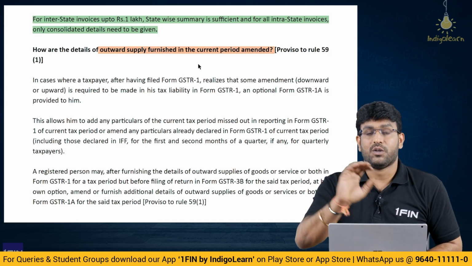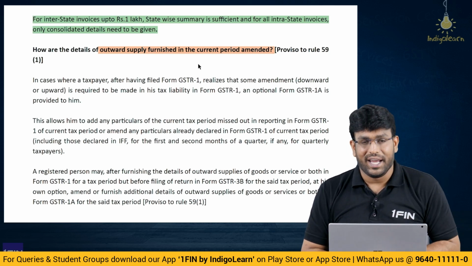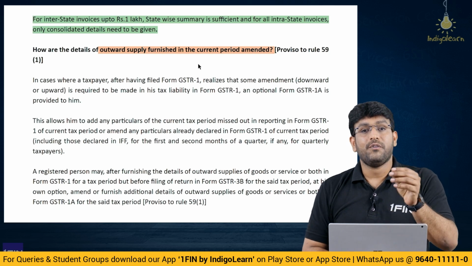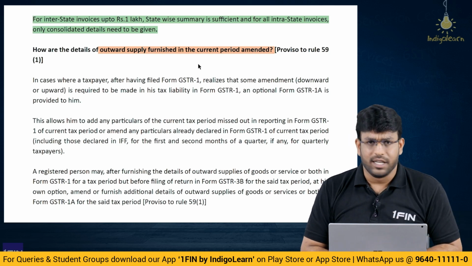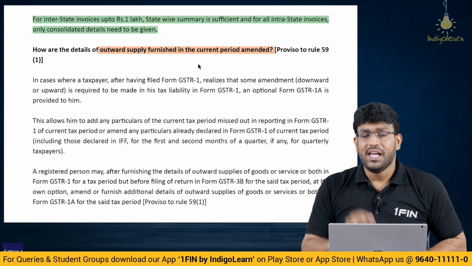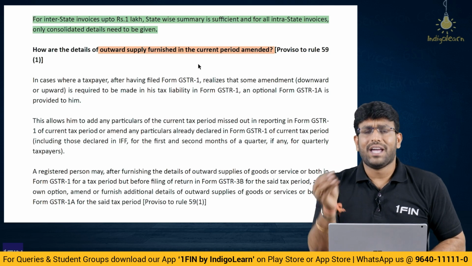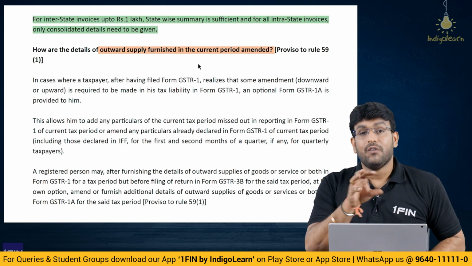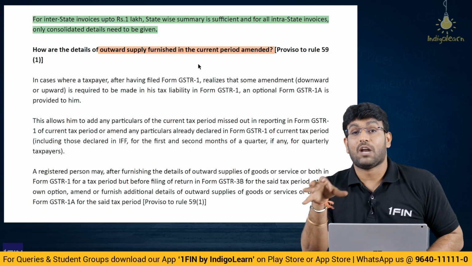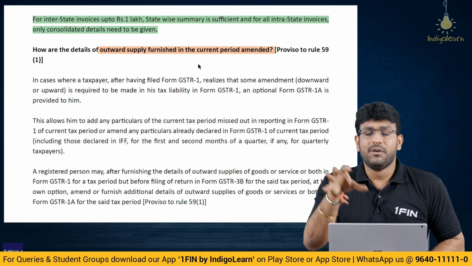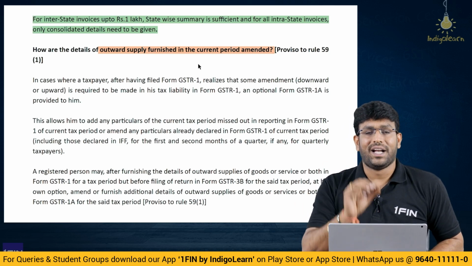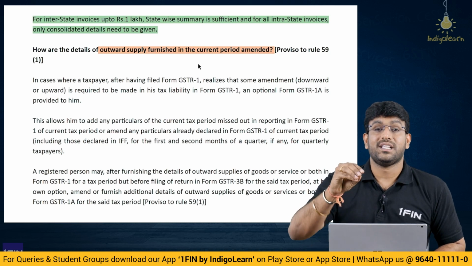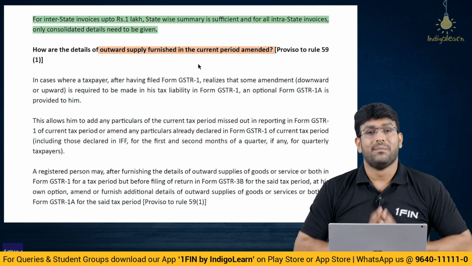But recently they have introduced a form known as GSTR 1A, which can be filed before the due date of filing GSTR 3B. If we have made some mistake in GSTR 1 or some invoice is missed in GSTR 1, we can report that in GSTR 1A, which can be filed before the due date of filing GSTR 3B. That's an amendment.